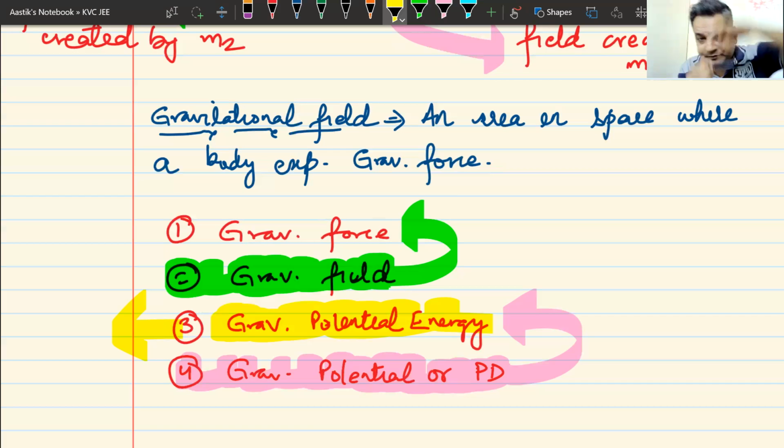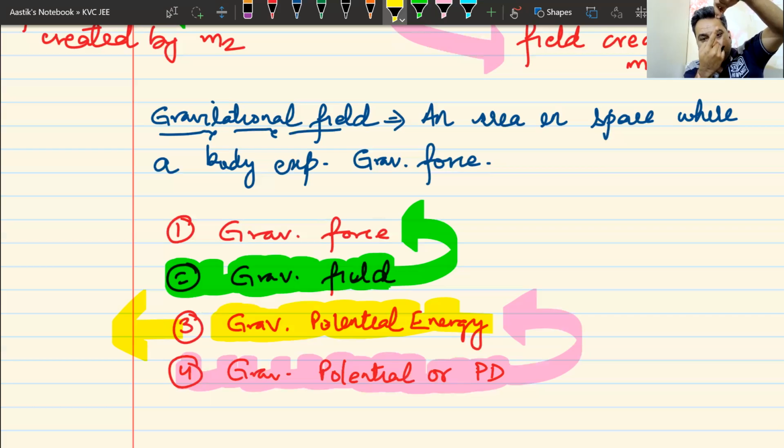It is the same as a point in space. Earth is creating a field here. But nothing is happening right now, because Earth is only creating the field. If I put a block, now Earth starts to attract it. If I place a block, the block experiences force.